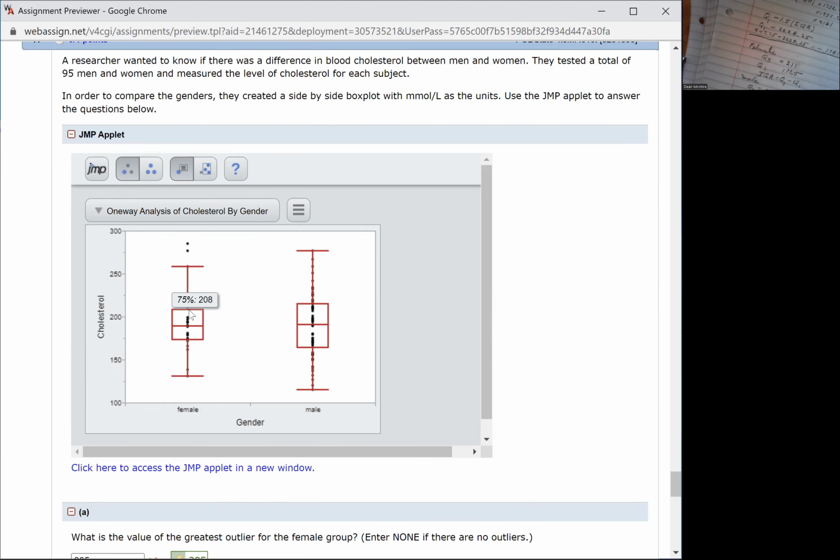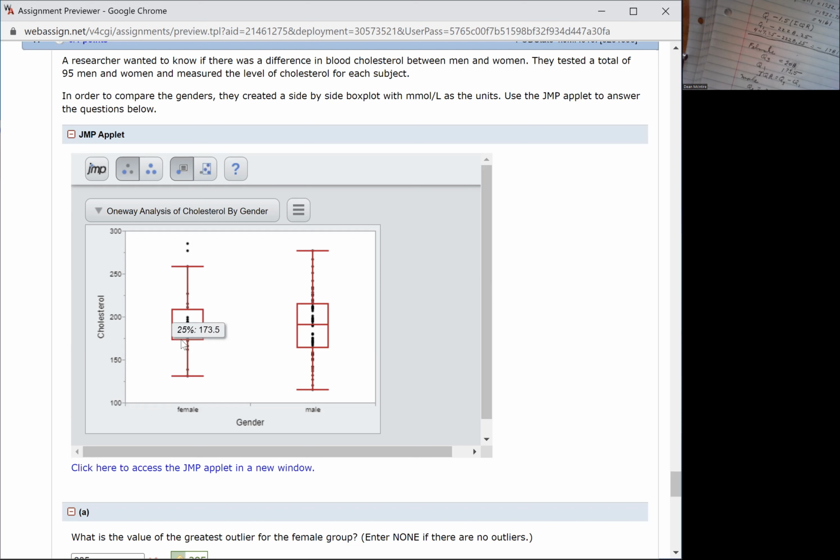You can see the 75%, that's the Q3. So for the female, the Q3 is 208. And the Q1 is the 25%. So let's make sure we get it, there it is, 25%, which is 173.5.